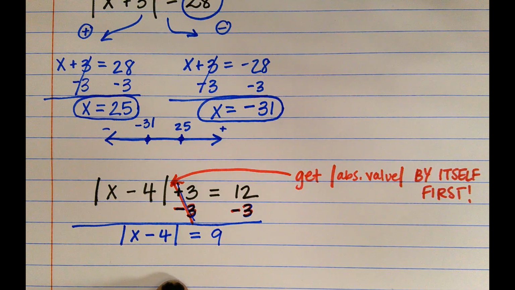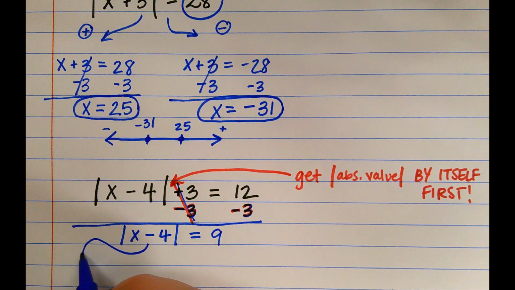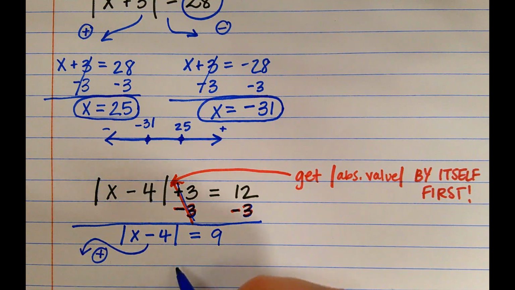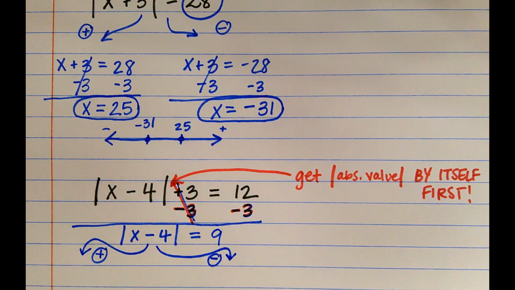Now that we have successfully subtracted 3 from both sides, is the absolute value by itself? Yes. So what do I do from here? Yes, divide it into 2 separate equations. And what changes from each equation?